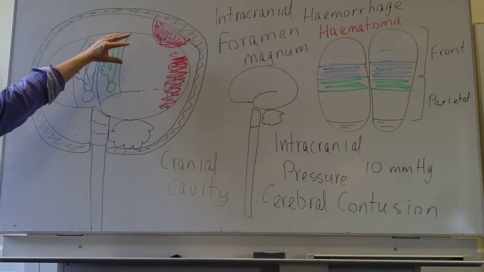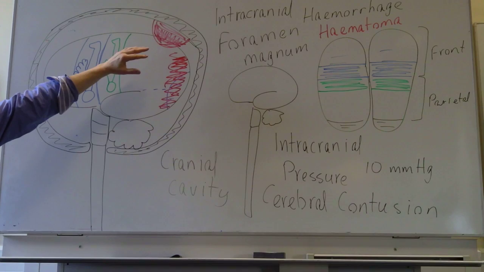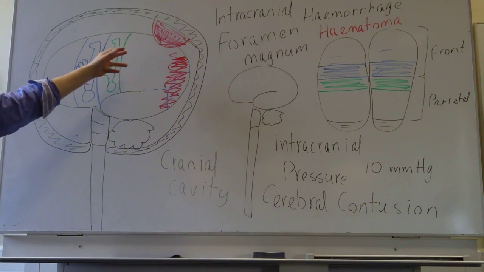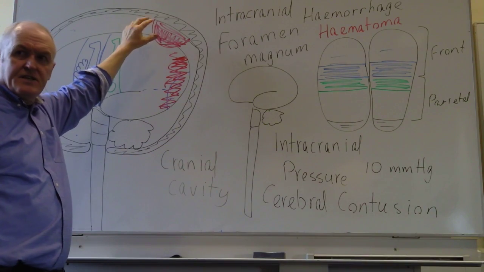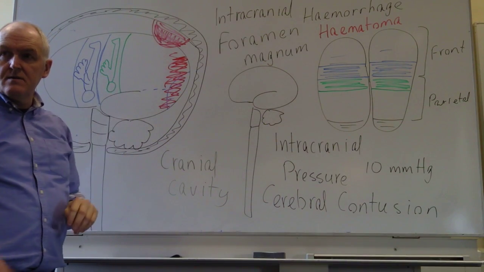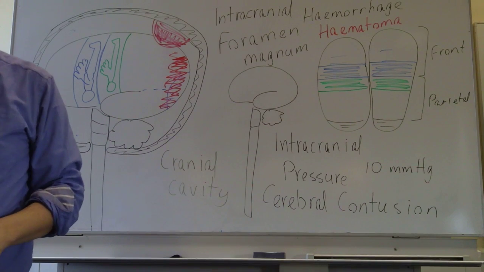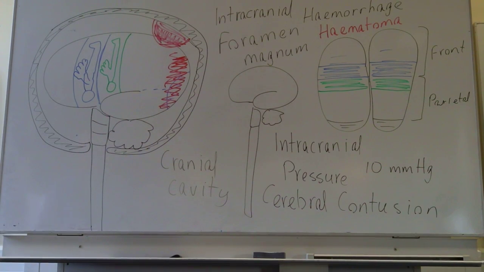So, a cerebral contusion is going to take up more space than that area of the brain should, because there's going to be swelling and inflammatory fluid. And if there's a blood clot, can you see that's taking up space as well? Any of these things can take up space. And anything that takes up space that shouldn't be there, we can call that a SOL.